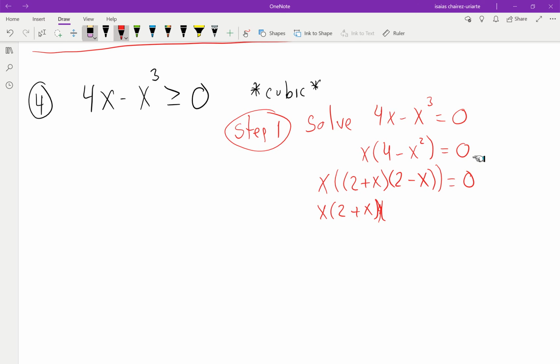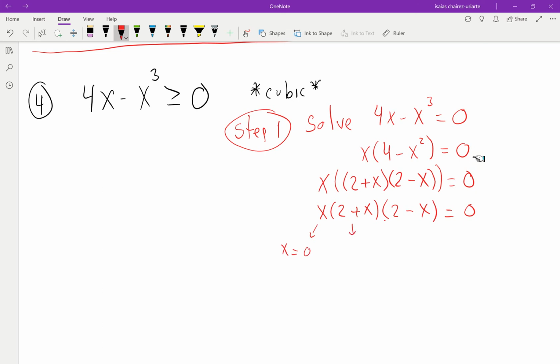You get the idea. There's going to be three solutions: x equals 0, x equals -2, and x equals +2. From this part I have that x equals 0.